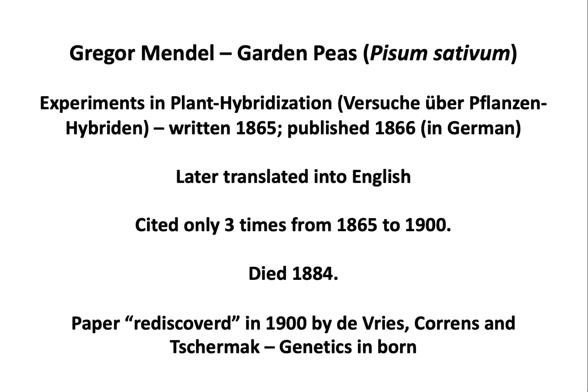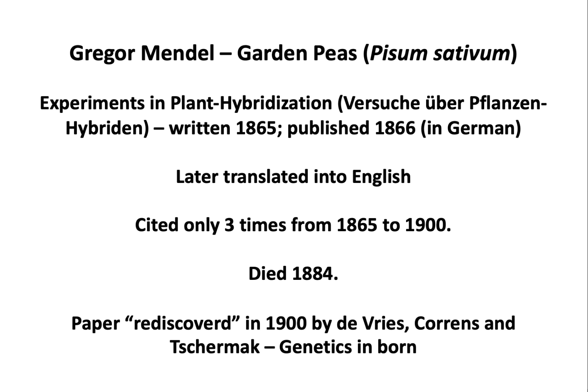So he started his experiments, and eventually his results were published in 1865 and 1866 in a paper entitled Experiments in Plant Hybridization, and there's the German title. It was later translated into English, but from 1865 to 1900, it was cited only 3 times.